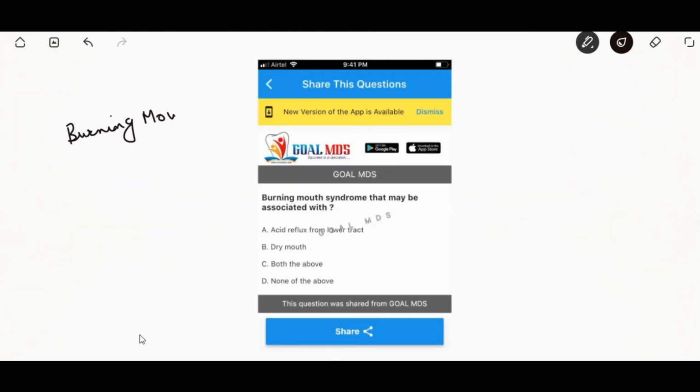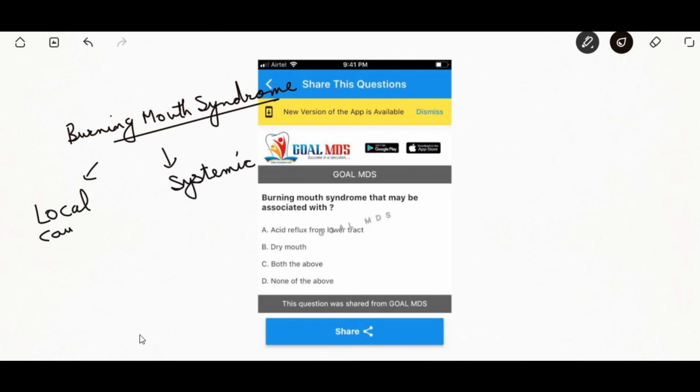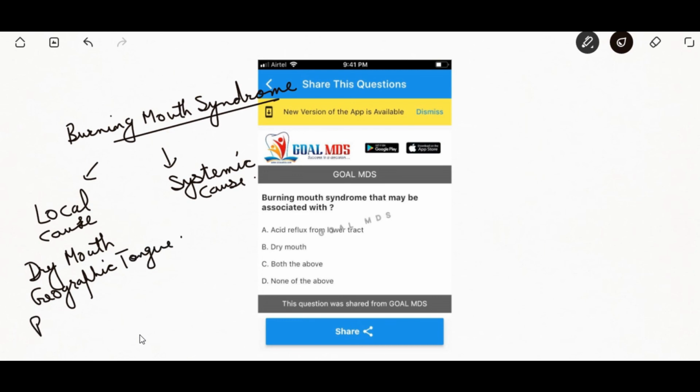A burning mouth syndrome that may be associated with. As we discussed, burning mouth syndrome has both local causes and systemic causes. Now, what are the local causes associated with burning mouth syndrome? The local causes that could be associated are: number one is dry mouth, that is xerostomia, or there could be reflux such as GERD.